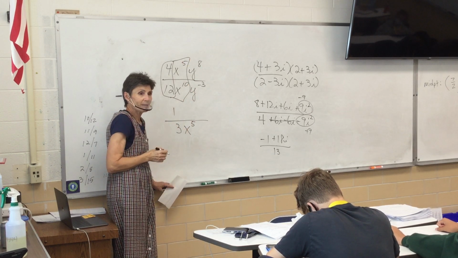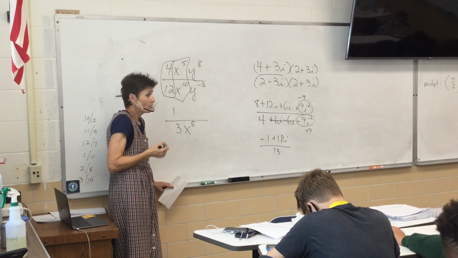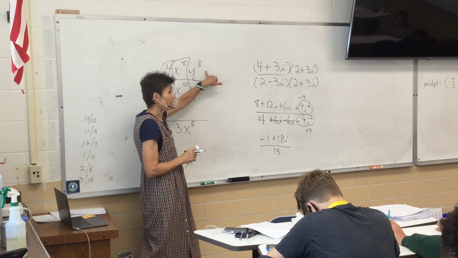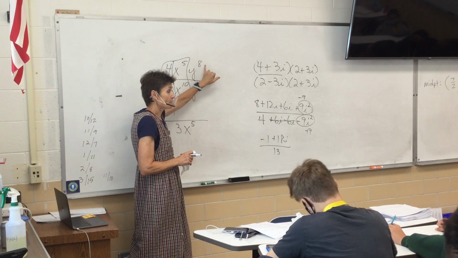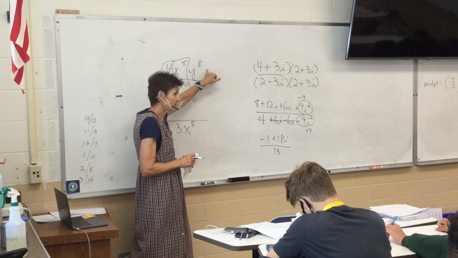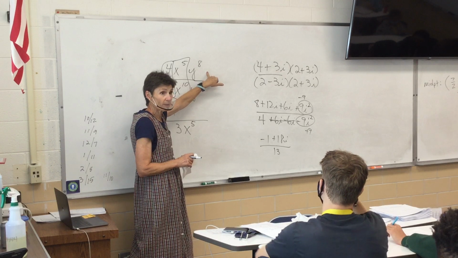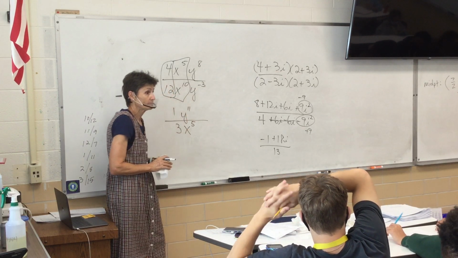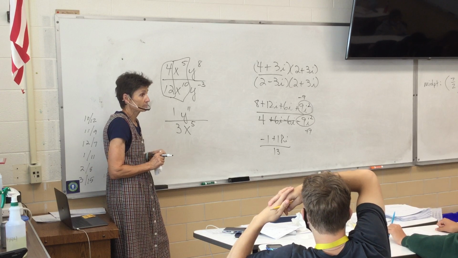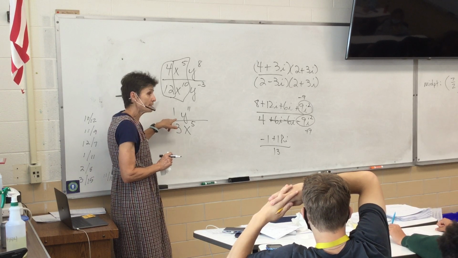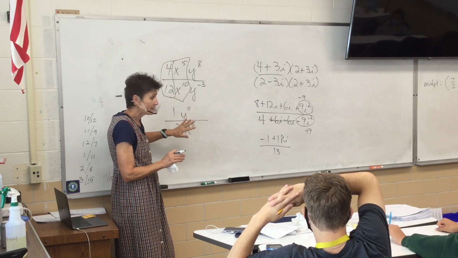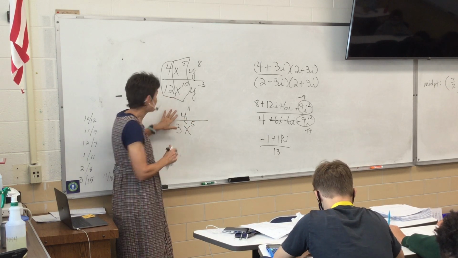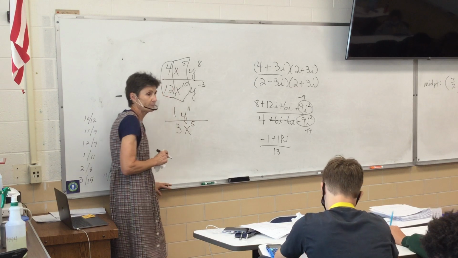I thought you'd do the Y's first, but you don't have to, this is fine. What happens to the Y's? This guy goes up, right? So there's 8 of them up there, and 3 more are coming up. So I have y to the 11th on top. This 1 is perfectly fine, but it isn't really necessary. So if you don't have a 1 there, it's fine. If you do have a 1 there, it's fine.